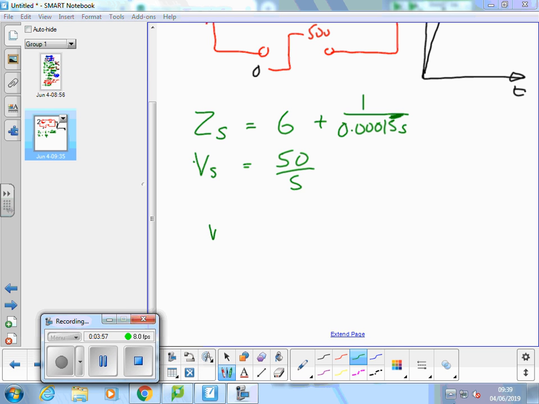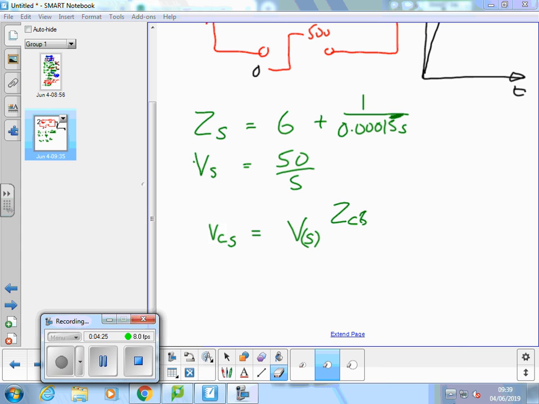We can write an expression for VC in the S domain from the voltage divider rule, which is the input voltage in the S domain times ZC in the S domain over ZS.